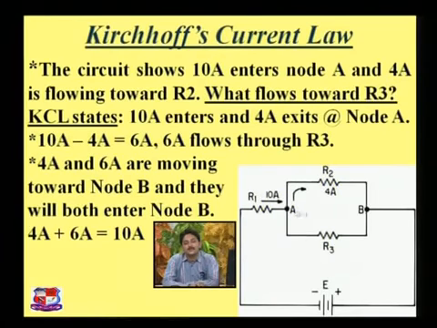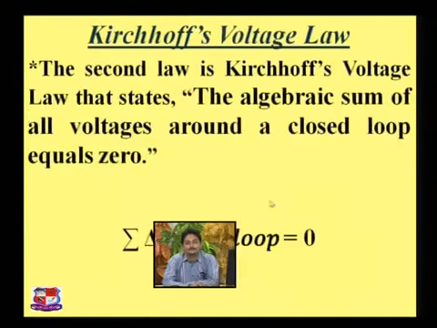Now that 6 ampere is also adding to the resistance R2. So ultimately at node B, the total value of the current is 4 ampere plus 6 ampere, that is 10 ampere. So using Kirchhoff's current law, or the first law, or the junction rule, we can easily find the value of the current at any node point.